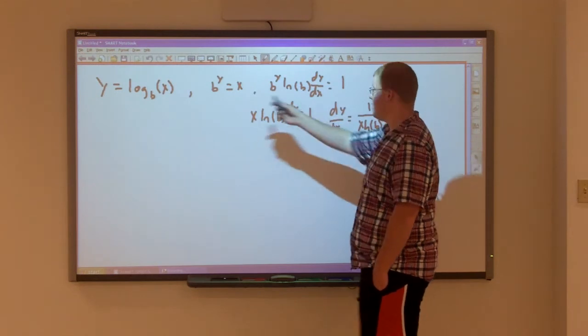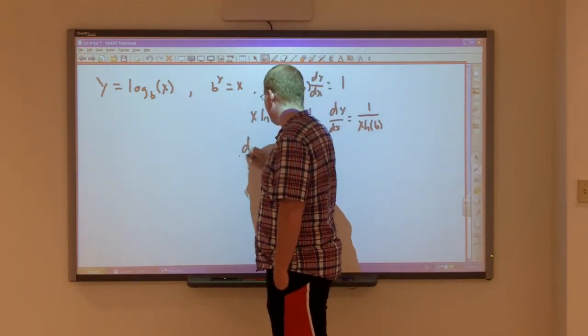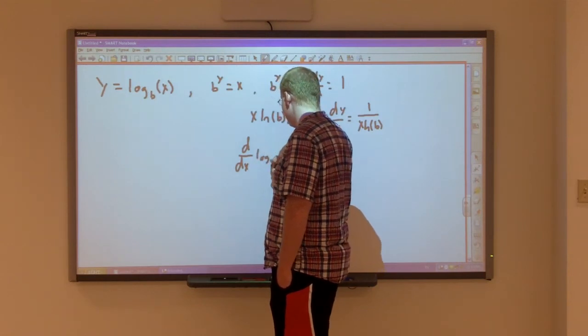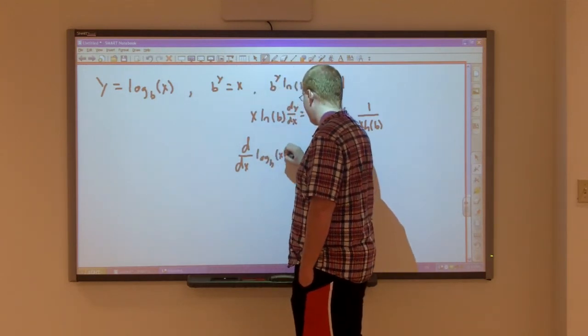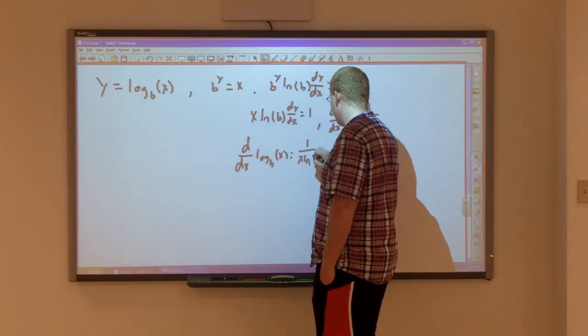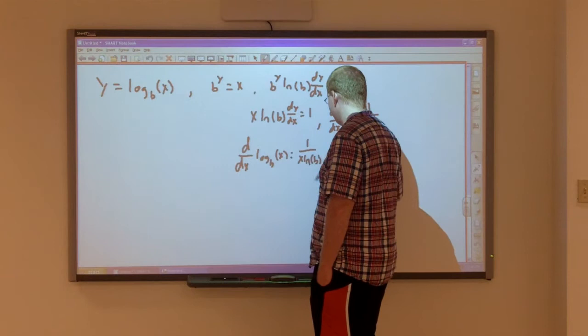Therefore, the derivative of a log with any base is simply 1 over x natural log of that base.